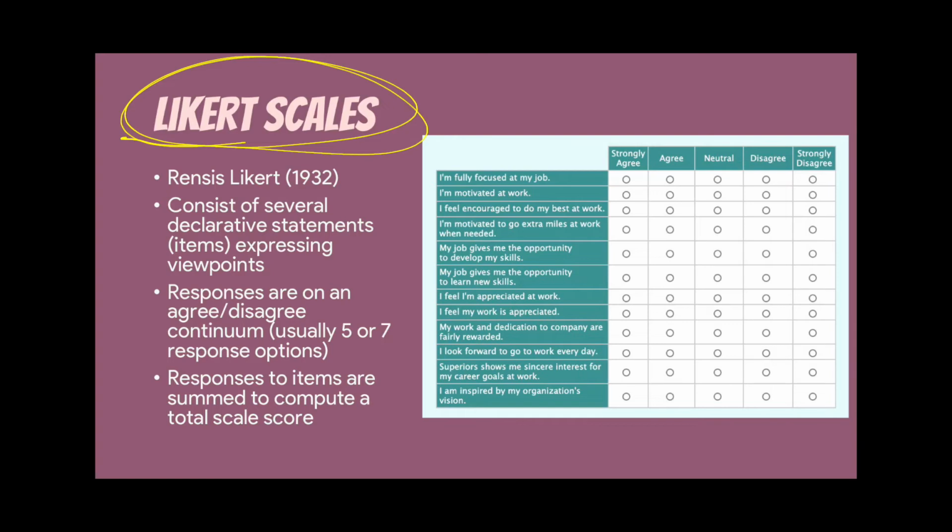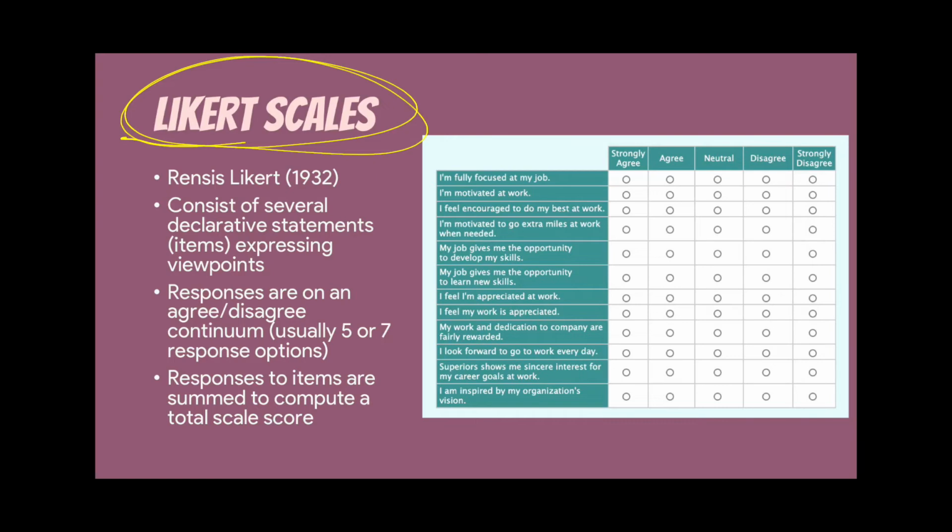So what we do here is identify items that could be observable indicators that the respondent would read and would agree or disagree with, and then we look into the scores collected from all of the items, and that will be the score that we place for that specific domain, for that specific variable.